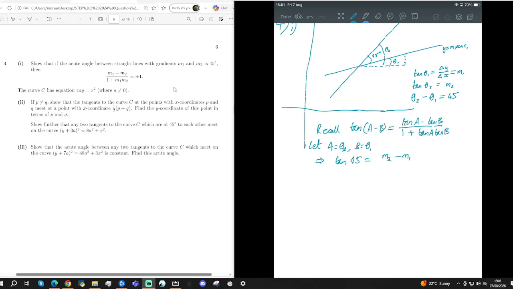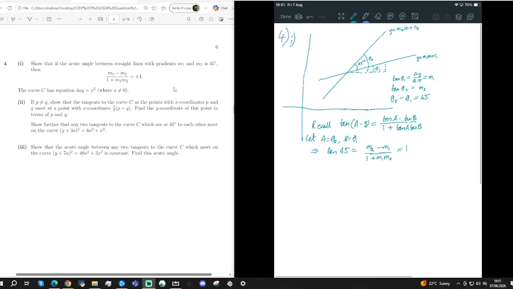over 1 plus m1 m2. And you might be looking and being a bit worried that's the wrong way round, as I was just briefly. But we actually have two pictures going on. So this equals 1. And it's basically to do with the signs of these angles.